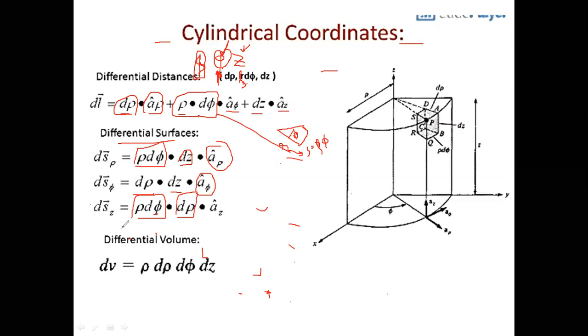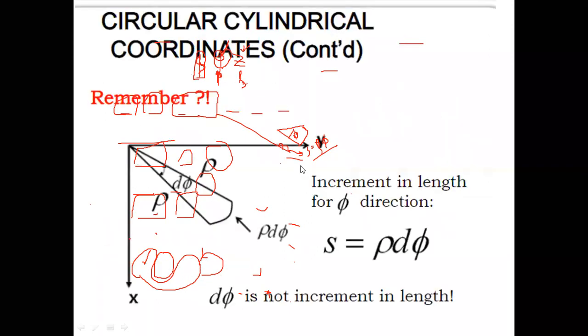Multiplying these two, we get dsz. And for the differential volume, d rho is the length in the direction of rho, rho d phi comes from S equals r theta, and dz. Multiplying these, we get dv for the cylindrical coordinate system.